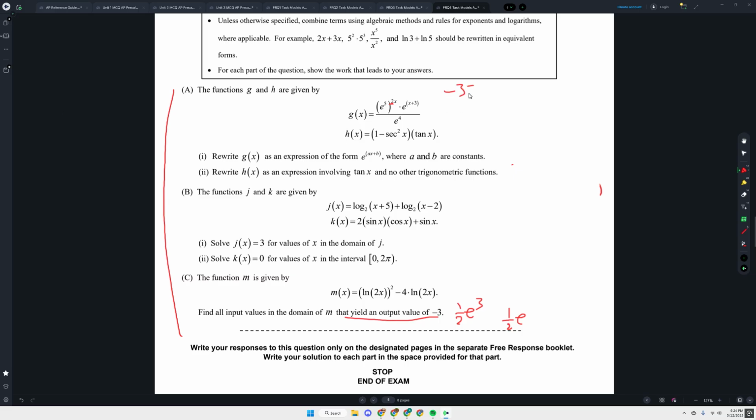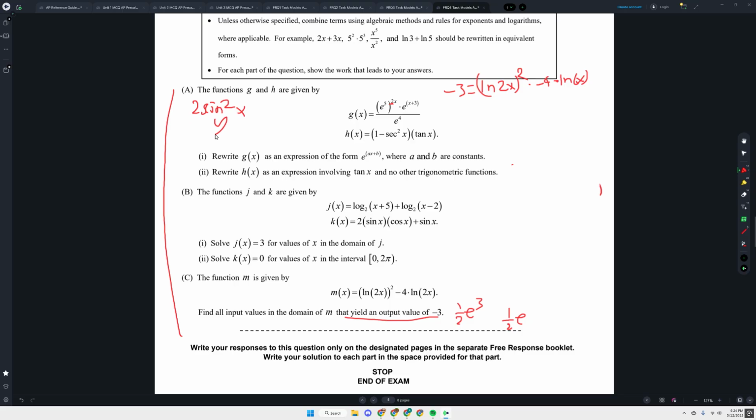So -3 is equal to ln of 2x squared times -4 times ln of x. I would assume we do this like we did in trig, when we have multiple variables like 2 sine of x, we substitute a variable like y.